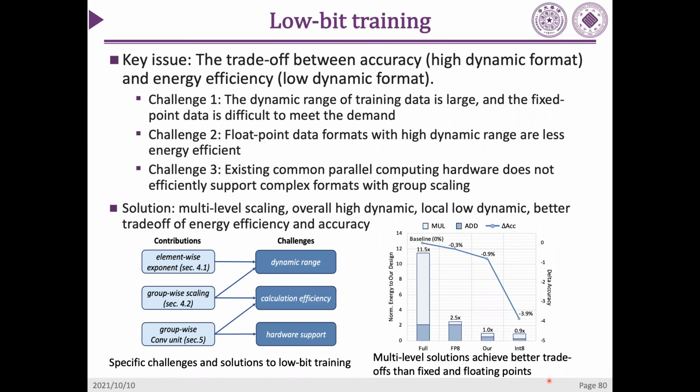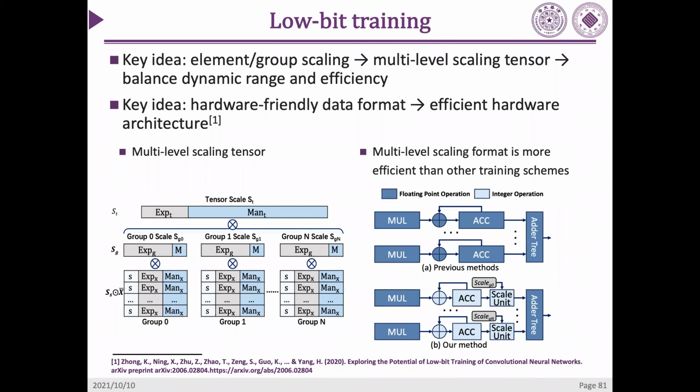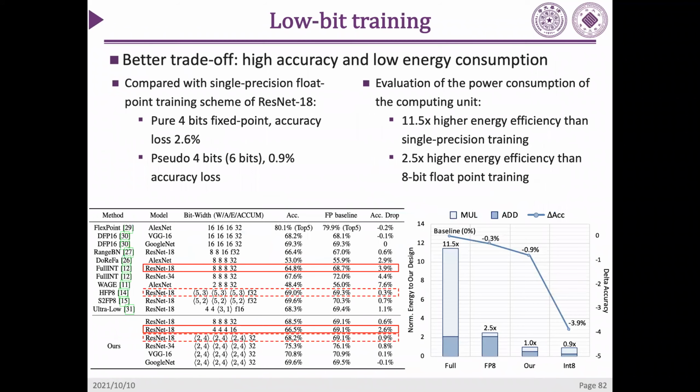But we don't know what the limit is, the extreme condition of low bit. Is it 1 bit? Actually we only have pure 4 bits or pseudo 4 bits now. Is it possible to make only 2 bits or 1 bit, not only for inference, but also for training?